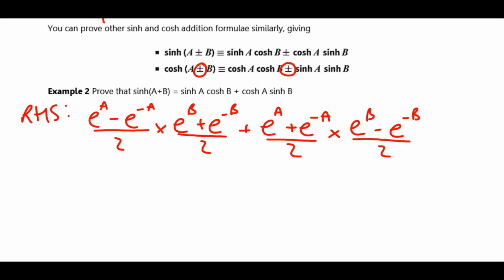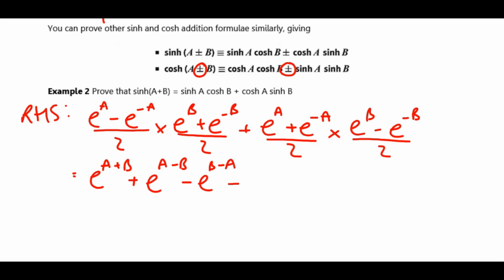Let's expand these and simplify them. So e to the A times e to the B gives e to the A plus B, adding those powers. E to the A times e to the minus B gives me e to the A minus B. And I'll get minus e to the minus A plus B, let's put B minus A actually, from doing these two.